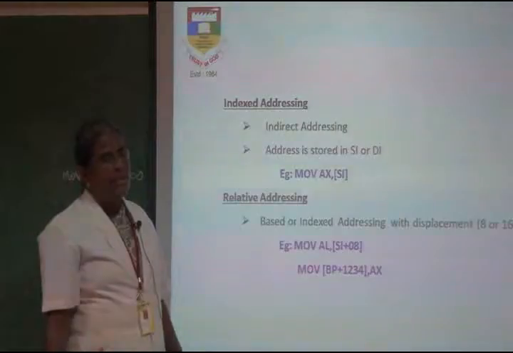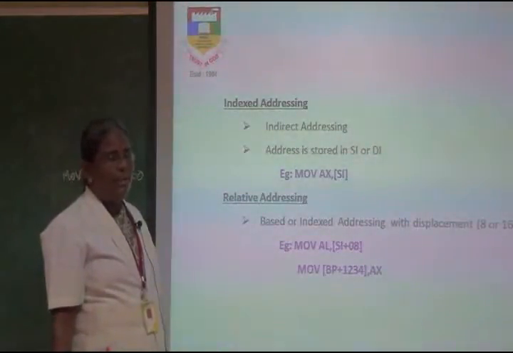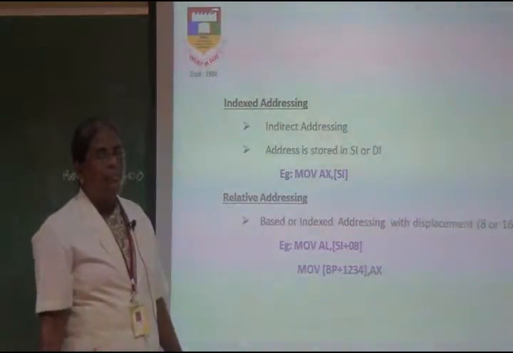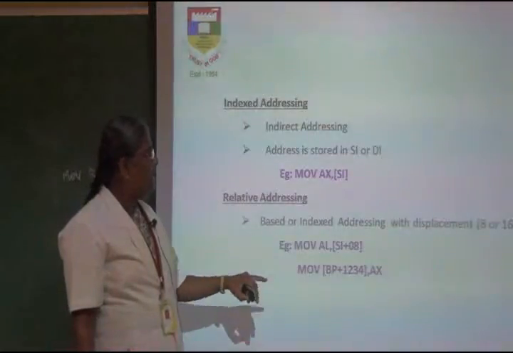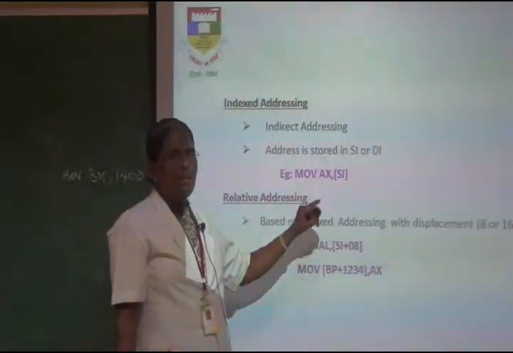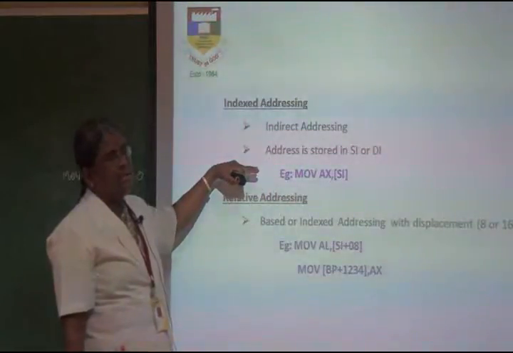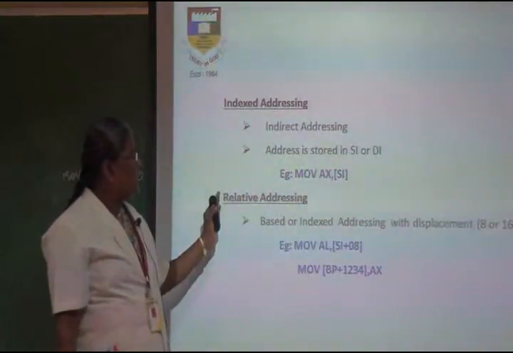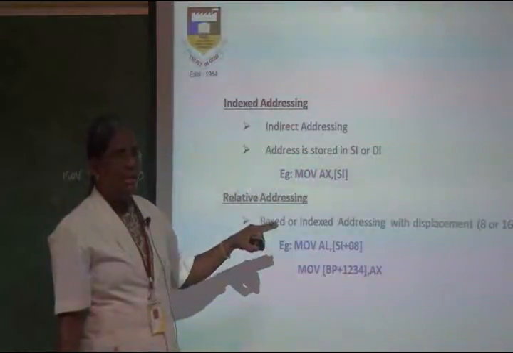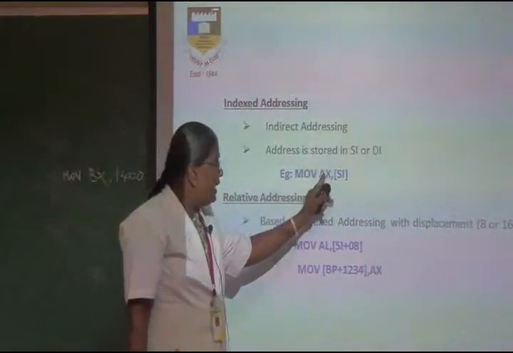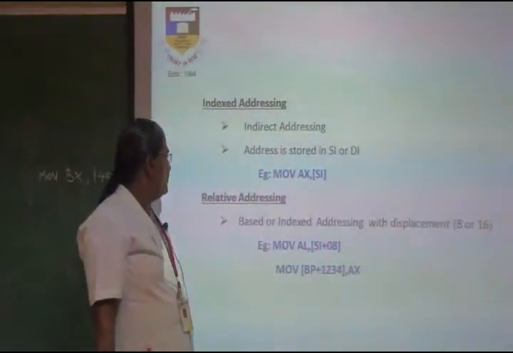Then indexed addressing is also a type of indirect addressing. Instead of base registers, we use the SI register or DI register. This is especially used for string instructions. The example is MOV AX, [SI]. It should be mentioned inside the parenthesis.